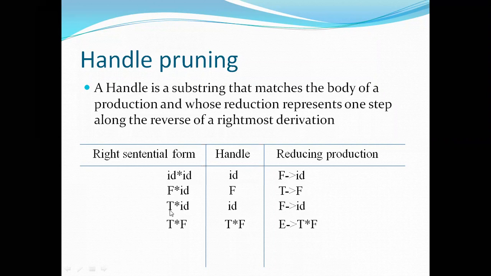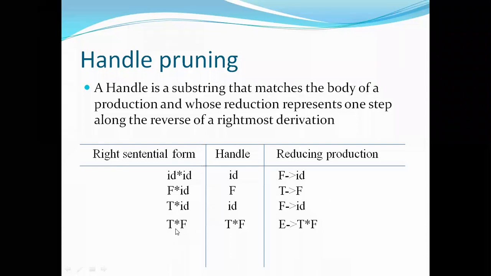So T is not replaced with E. Why? Because that is not the correct assumption. So we are not replacing T with E. Then we are considering ID as a substring. This ID is placed in handle, and F is production with ID. So this ID is replaced with F, and T star F.